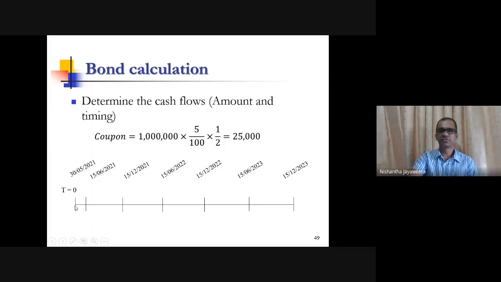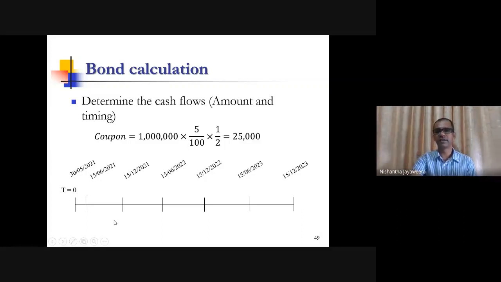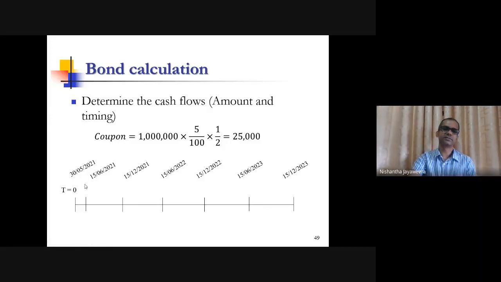Now, if we have to put time here, can we put t equals 1 here? No, we can't do that. Instead, the time period here is only the fraction of the full coupon period. It's only that fraction we calculated just a while ago, 0.08.